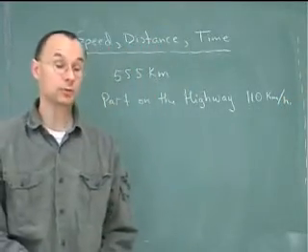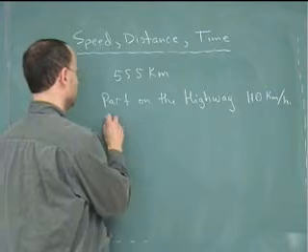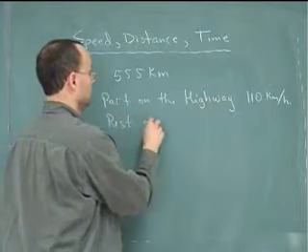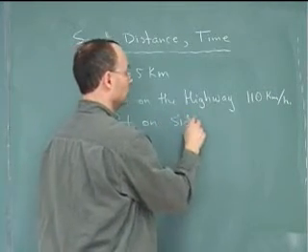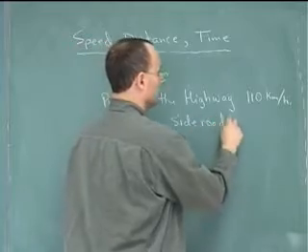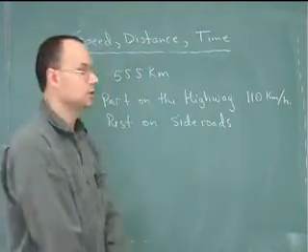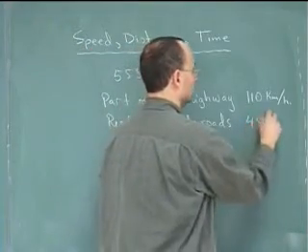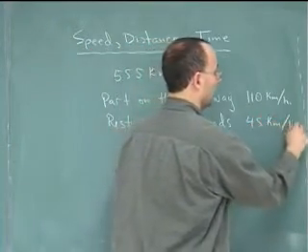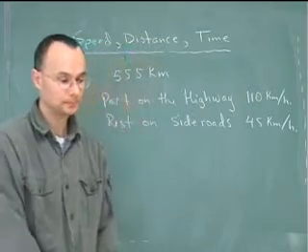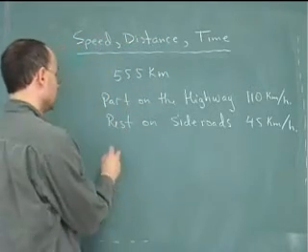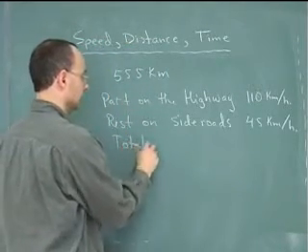And the rest of the trip was done on side roads. So rest on side roads. And of course, on side roads, you can't go quite as fast. They averaged about 45 kilometers per hour on side roads. The total trip took 8 hours.